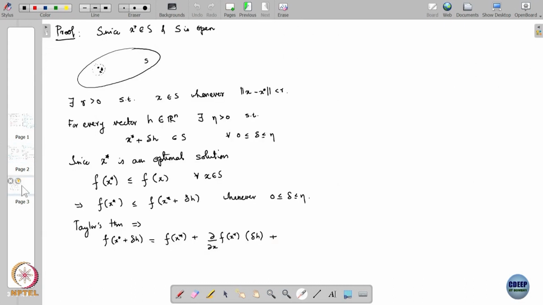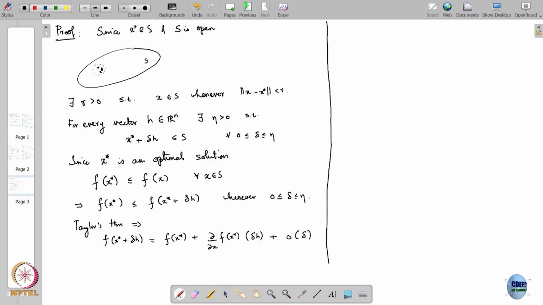So, another way of writing Taylor's theorem would be to say that f of x star plus delta h is equal to f of x star plus this derivative times delta h plus something which I will write like this, small o of delta. What do you mean by small o of delta? Small o of delta is just a generic notation.